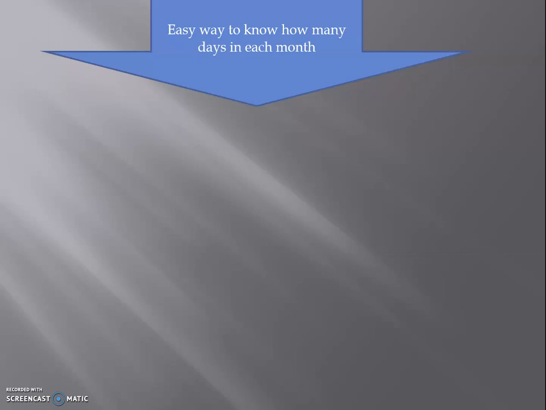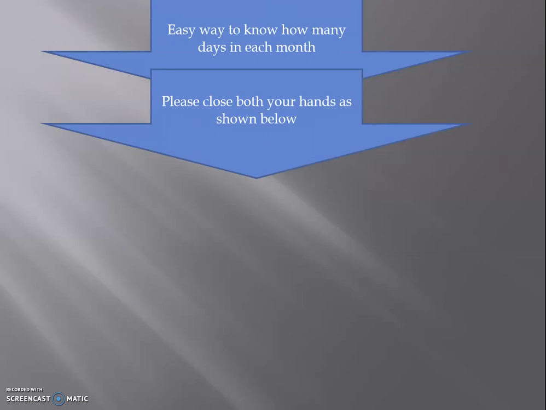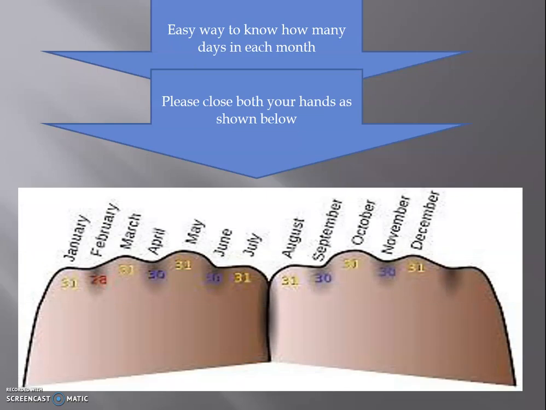I need you all to close both your hands and put them together as shown here in the picture. And the first month of the year is January. As you can see, it is on the knuckle. Next, February, between the 2 knuckles, and it is 28, and if it is a leap year, it will become 29.